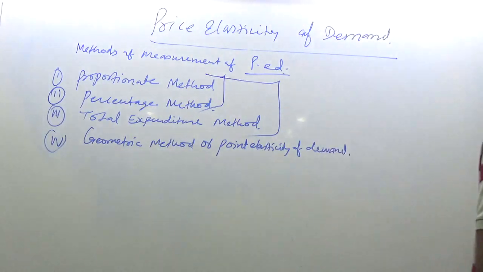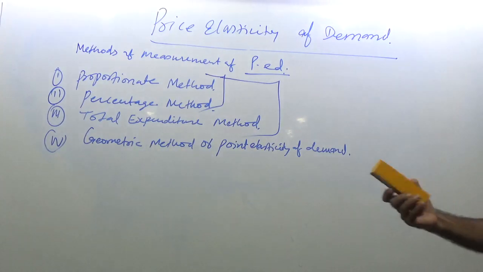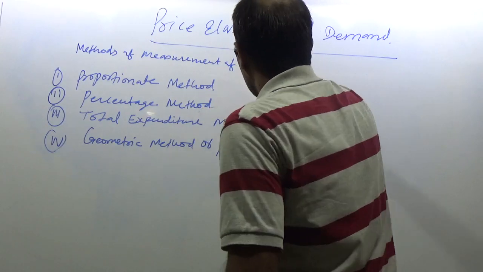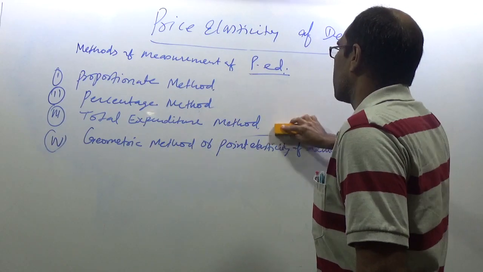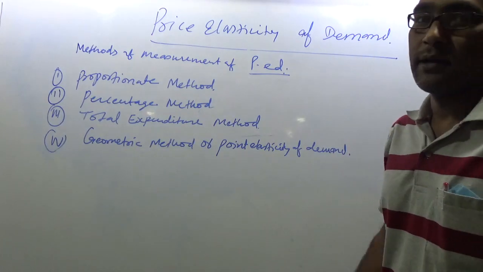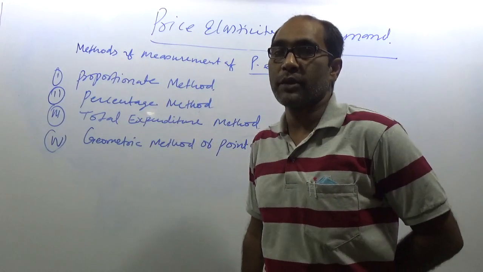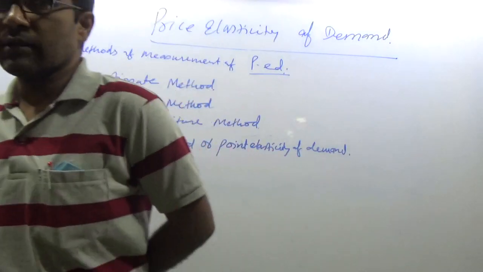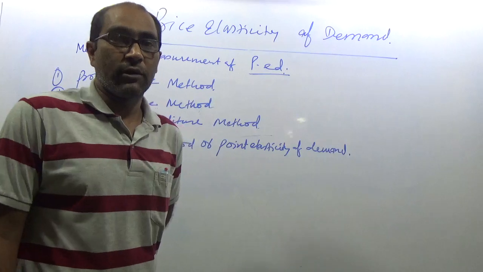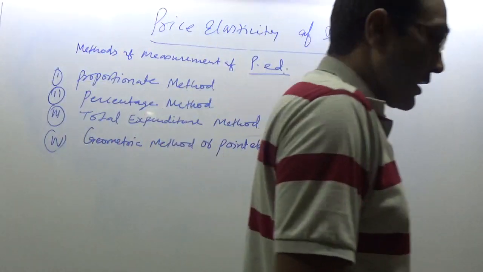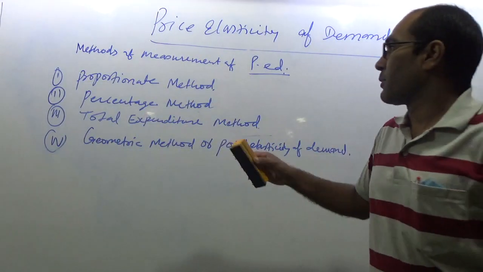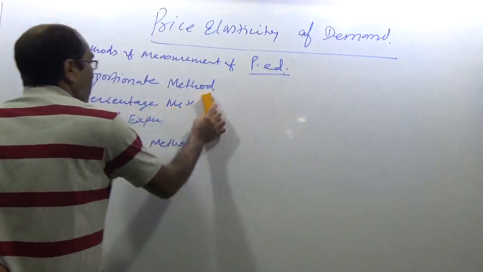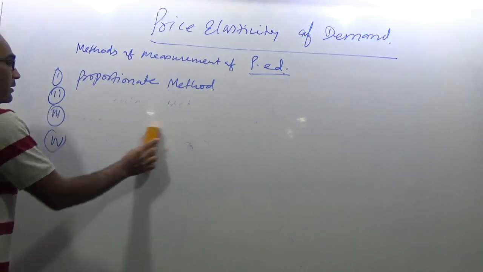The only difference between the two is that for the percentage method we have to calculate percentage change in quantity demanded and percentage change in price separately. But for the proportionate method, no need to calculate percentage change separately for quantity demanded as well as price. So let us start with the proportionate method.